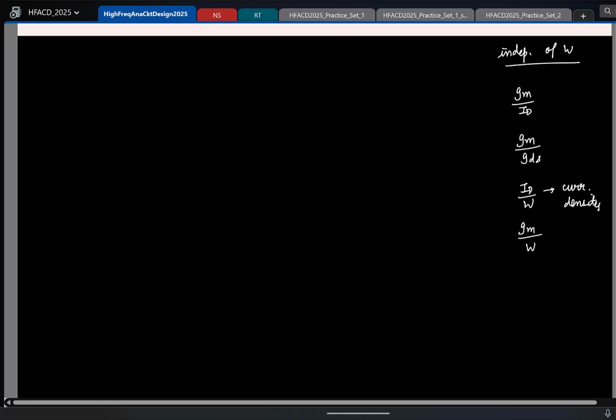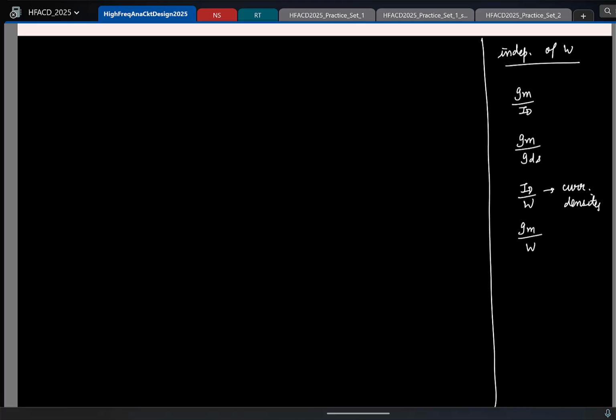Okay, so now I want to introduce another parameter which is called the transit frequency. It is defined as follows. Let us say I take the same NMOS transistor and excite the gate with a small signal current I in and short the output.